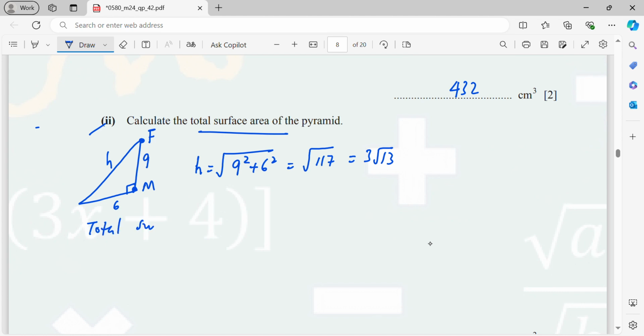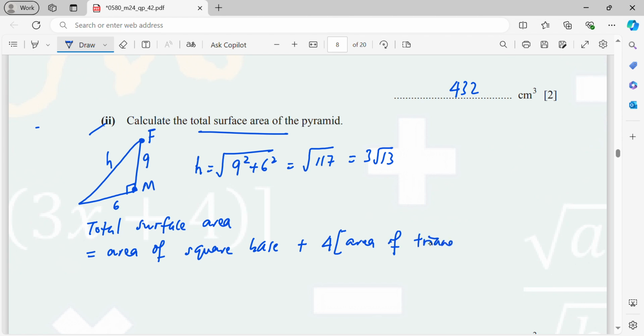So now total surface area equals area of the square base plus 4 times area of a triangle. Area of square base just now is 12 times 12.